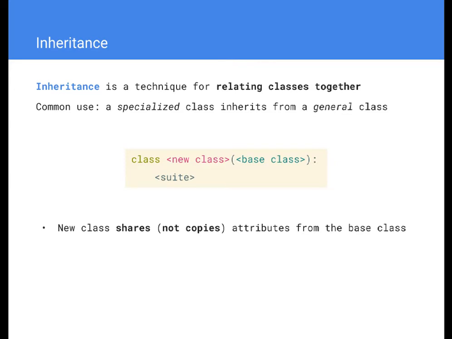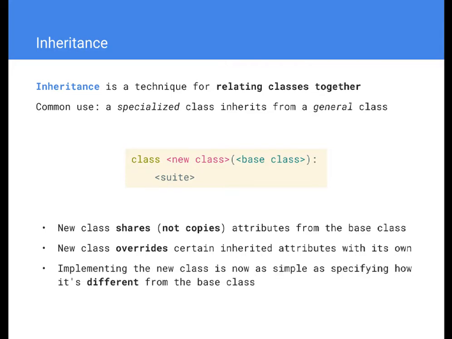If I introduce a new attribute, there's no problem, but any existing attributes from the human class are shared, not copied over. And when I introduce new attributes, or if I want to replace an existing attribute from human, I do something that's called overriding. And implementing the new class is now as simple as specifying how it's different from the base class. I'll show you an example of all these in the next slide.